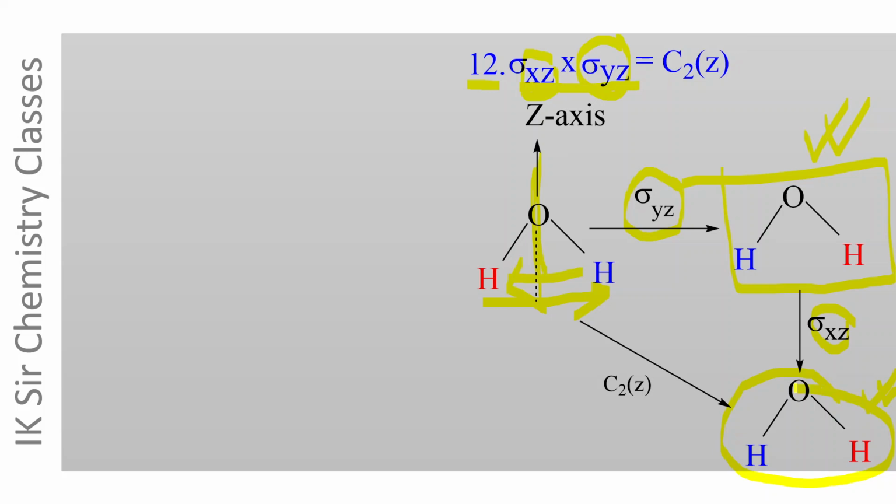This orientation of the H2O molecule can be obtained by applying the C2Z operation. If the H2O molecule is rotated about Z axis by 180 degrees, this hydrogen atom will come to this position and the red colored hydrogen atom will come to this position. It means the product of sigma yz and sigma xz symmetry operations is C2Z.